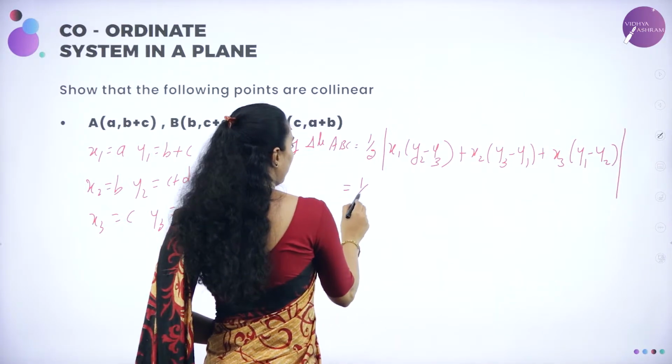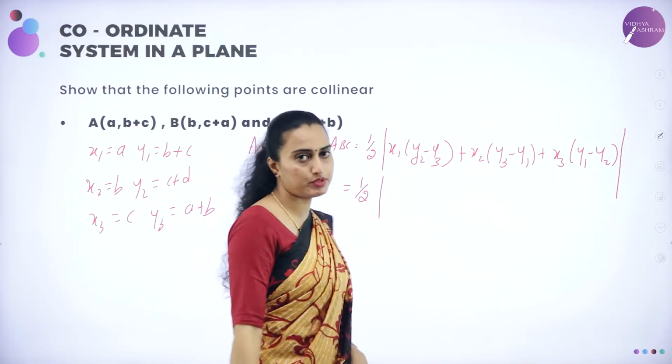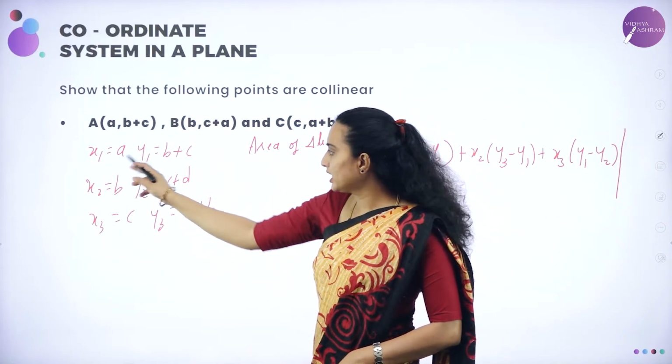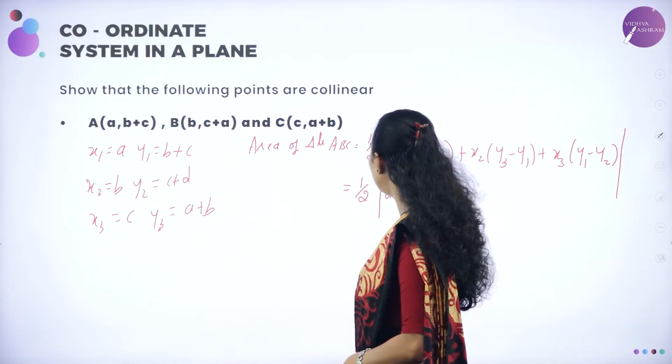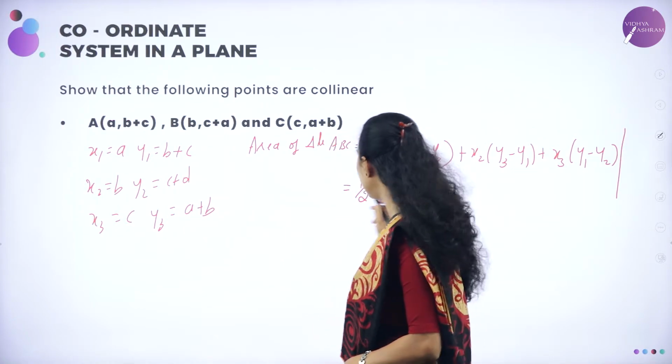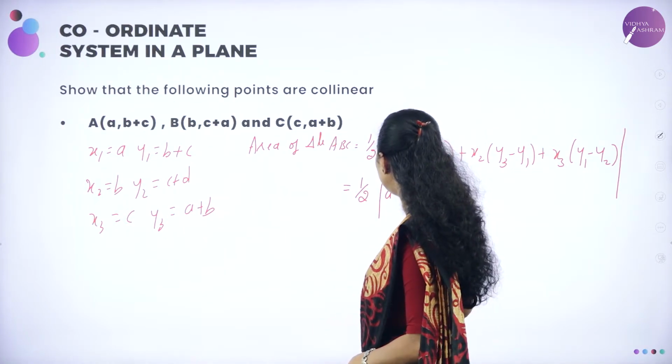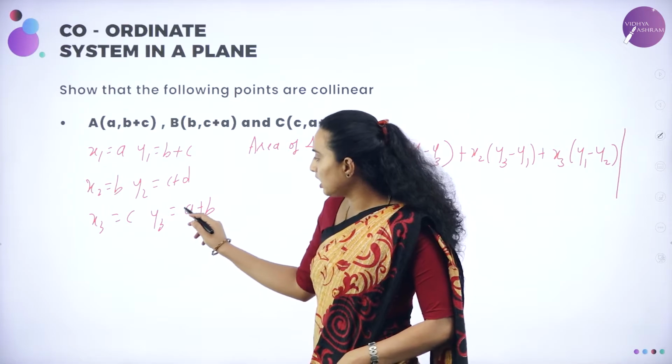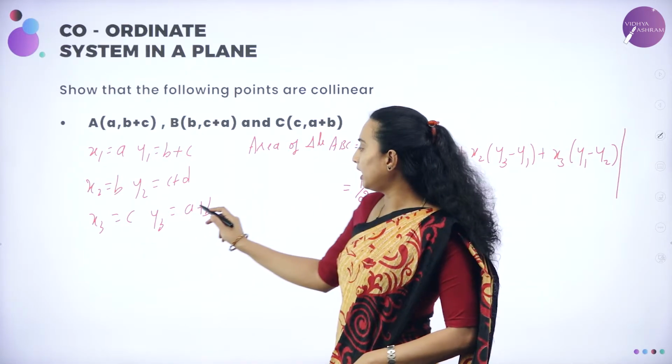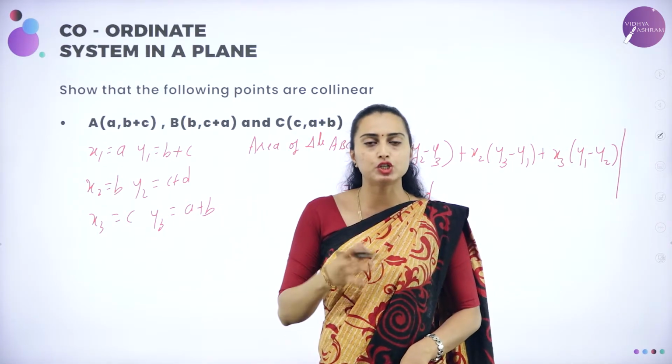Substitute, you are going to have 1 by 2 into, be careful while substituting here. So what happens here? x1 is A into y2 minus y3. What is y2? C plus D, as it is I am writing. And then minus y3. See, all are plus. When the minus sign is multiplied inside, it will become minus. Plus into minus is minus.